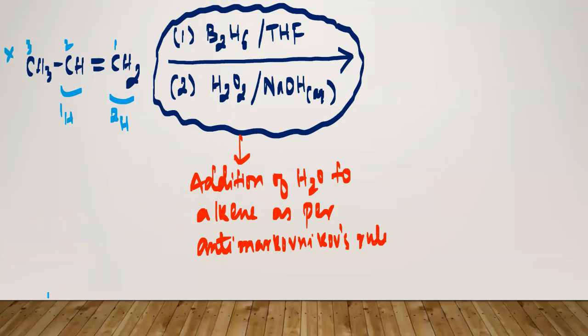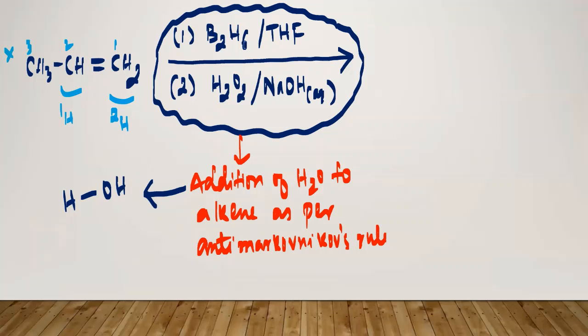When we talk of the anti-Markovnikov's addition of water, you must understand here, my dear friends. Let's take one water molecule here, because in these 2 steps, water is only added.